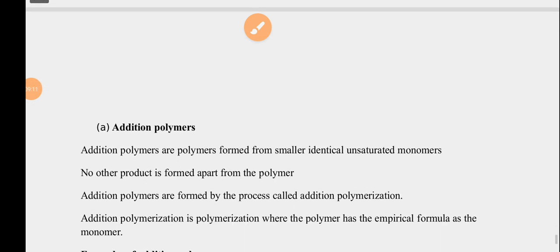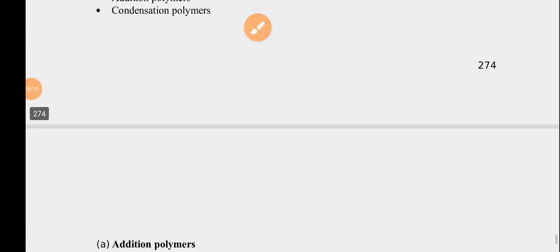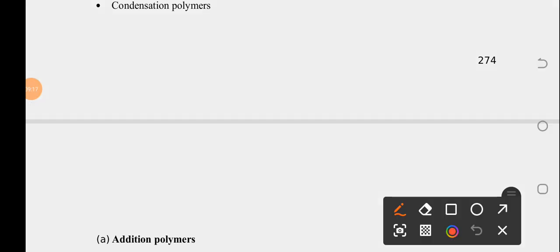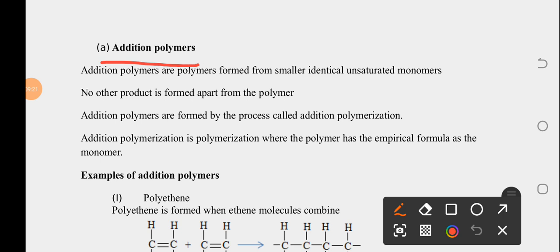Then what you need to know now, when you talk of addition polymers, let's talk about this first child who is called addition polymers. Don't forget, we've got synthetic, who is having two children. We've got addition as a child.